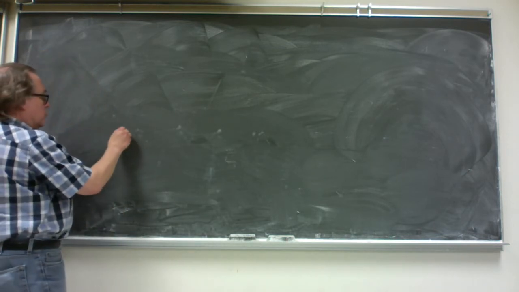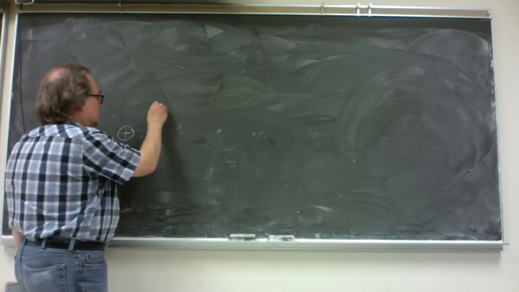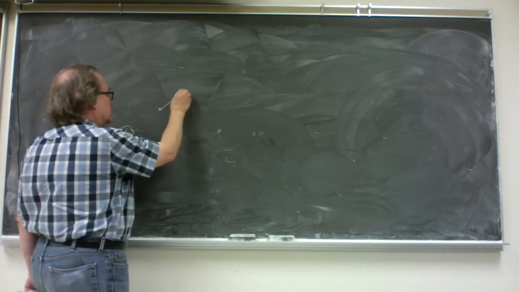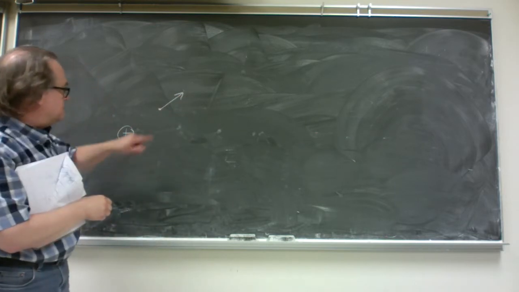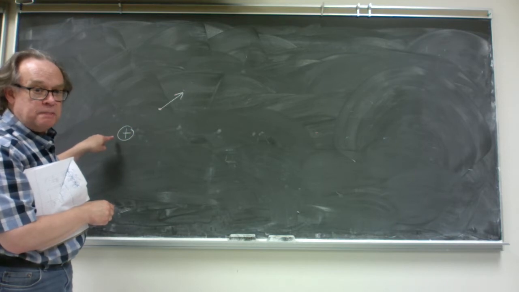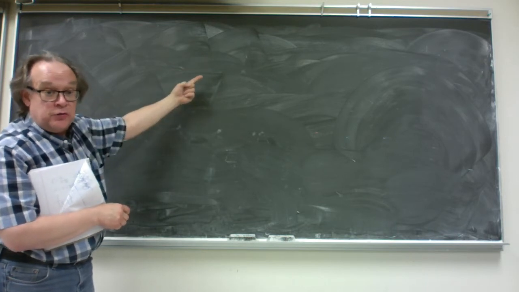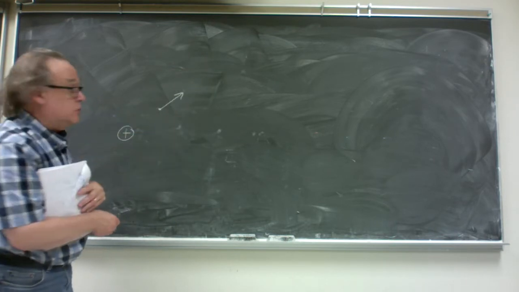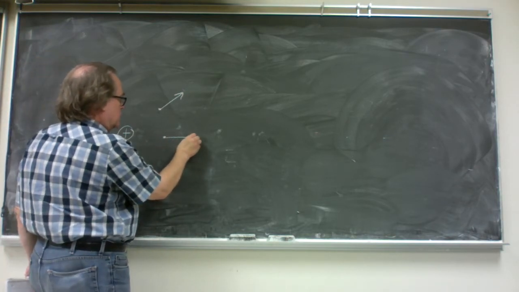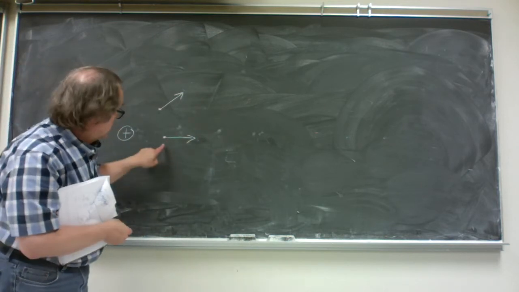For example, here we've got some positive charge, and at this location, the field has to point that way, because if you were to put a positive charge here, it would feel a repelling force from this one. So if this is the direction of the force on a positive charge, this is the direction of the field. And likewise, a particle here would feel a repelling force like that. So that's the direction of the field at this point.